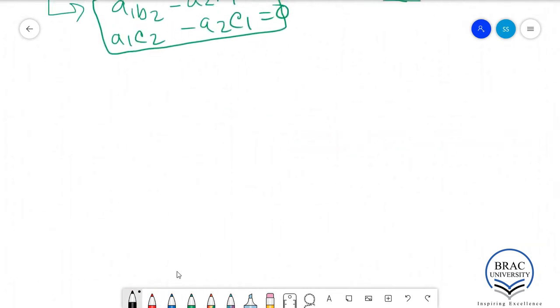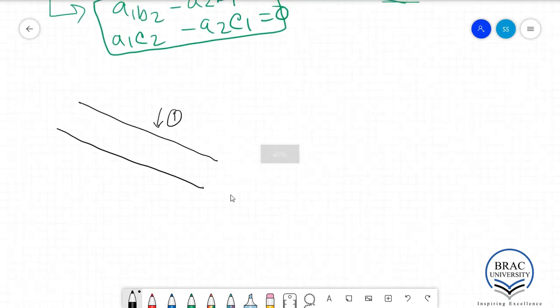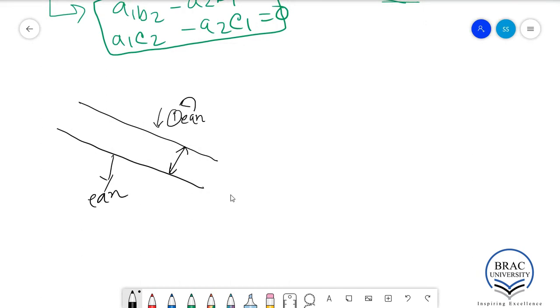no solution. So in the no solution picture, for our case, there is one line and there is another line. Let's say this corresponds to equation 1, and this corresponds to equation 2. So these are parallel lines, so they never meet, hence no unique solution.